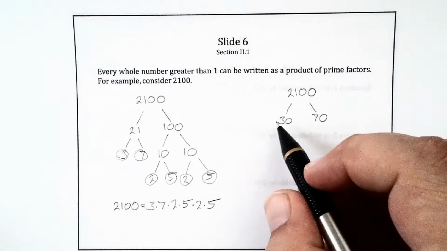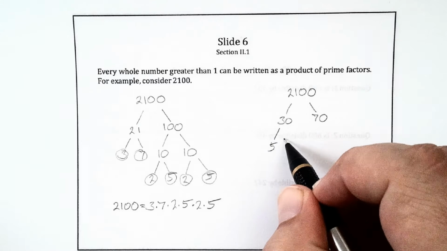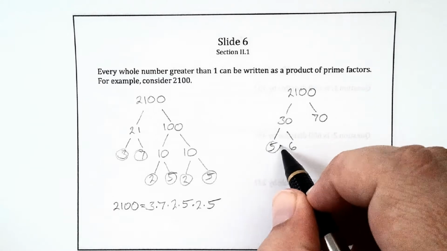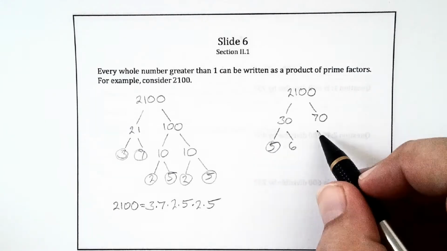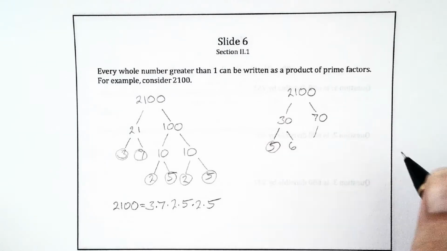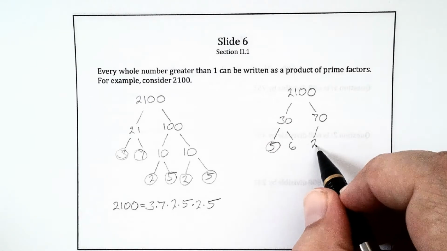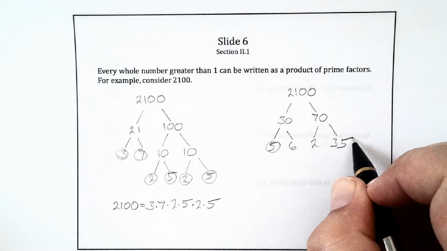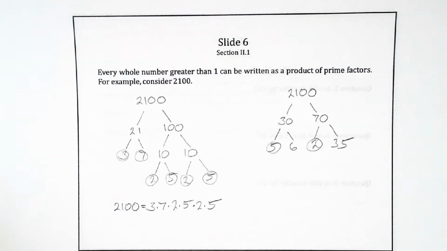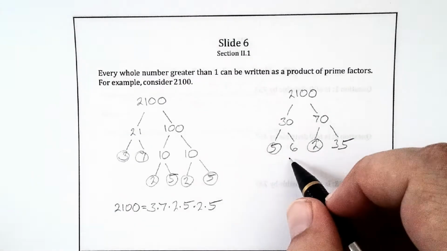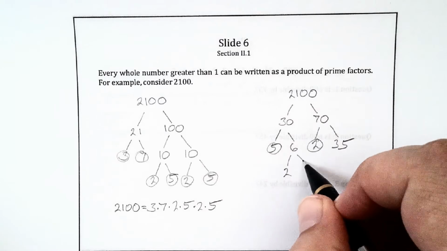Okay, and 30, let's see, it's 5 times 6, and 5 is prime. 70, let's do 2 times 35. Now 2 is prime. Now 6 is composite. 6 is 2 times 3.